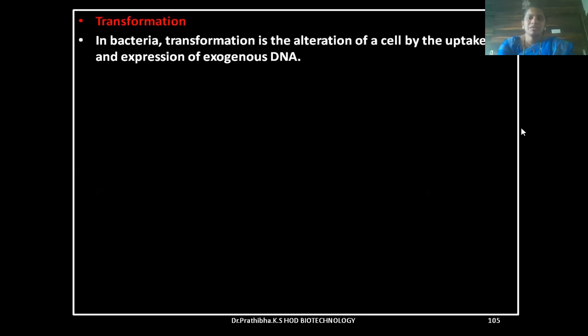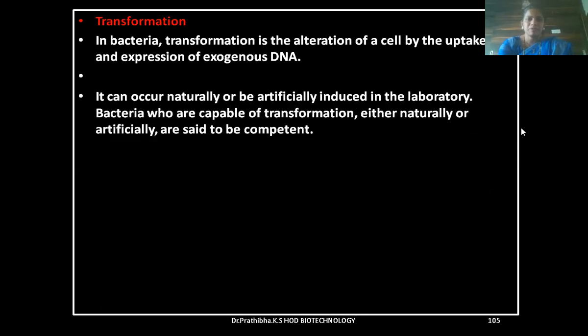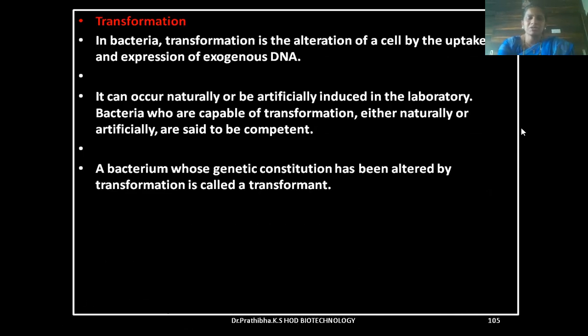Now let us go through transformation. In bacteria, transformation is the alteration of a cell by the uptake and expression of exogenous DNA. It can occur naturally or be artificially induced in the laboratory. Bacteria which are capable of transformation either naturally or artificially are said to be competent.